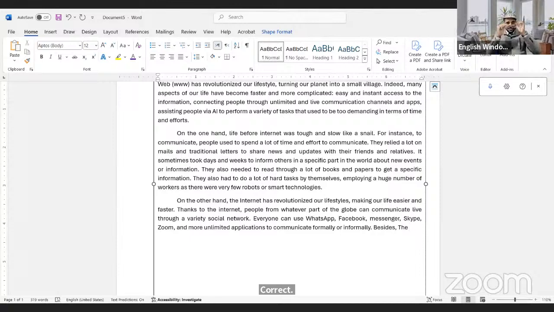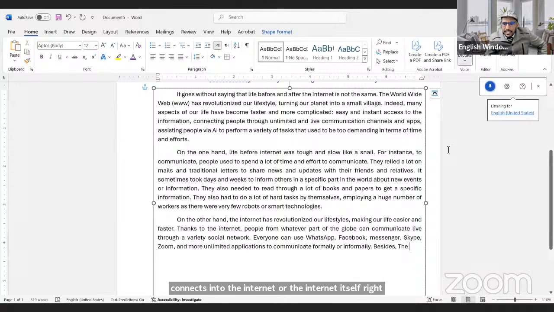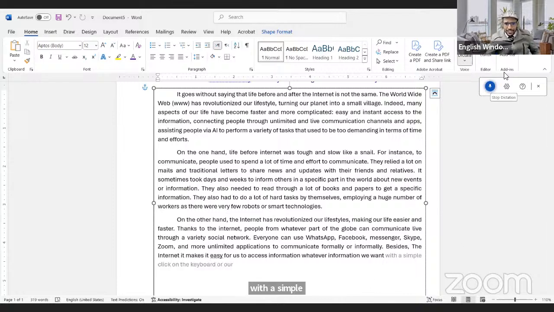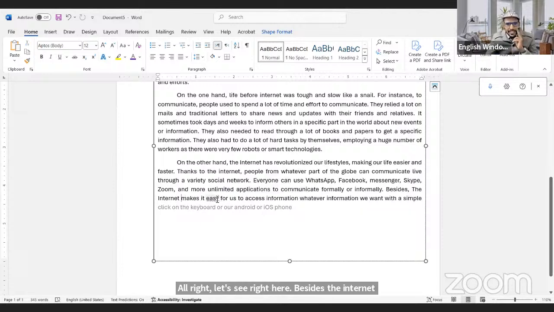So let's say here, the internet makes it easy for us to access whatever information we want with a simple click on the keyboard, or our Android or iOS phone. Besides, the internet makes it easy.